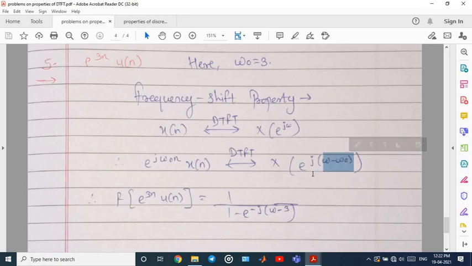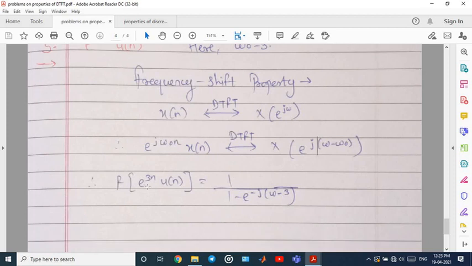So if there is an exponential term with respect to x of n, there is a shift in the Fourier transform, which is omega minus omega naught. So from this equation we can say that it is a to the power n u of n.